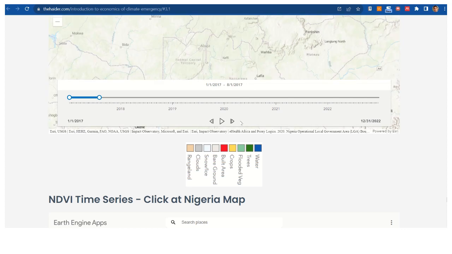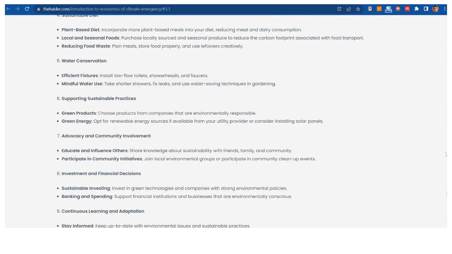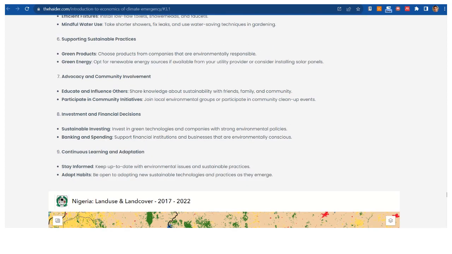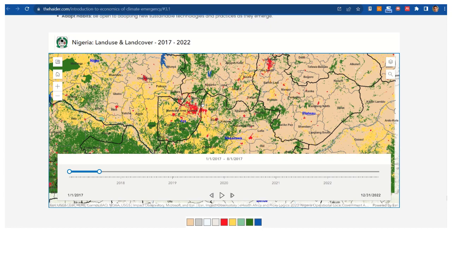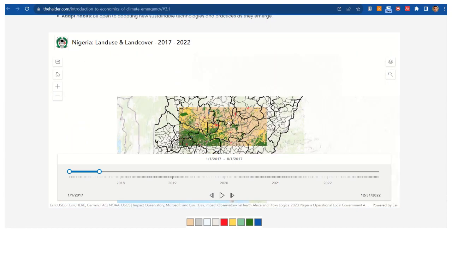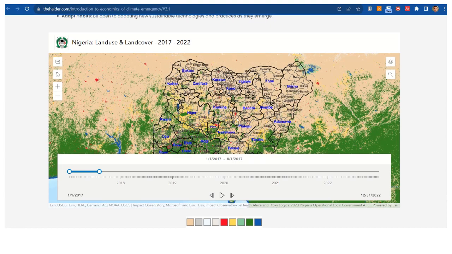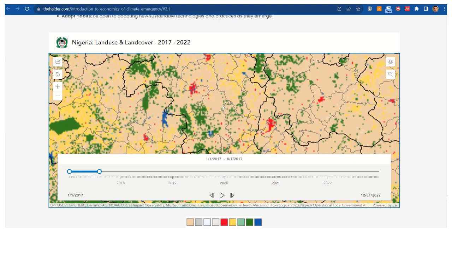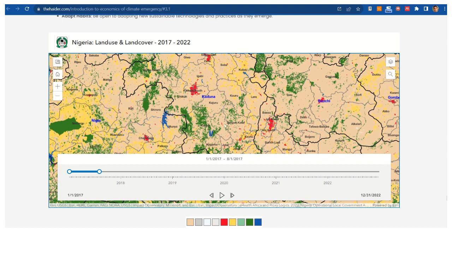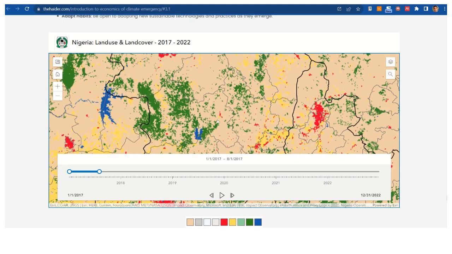Yeah, here this is the land use land cover. Please scroll on your laptop here, then you can see the land use land cover. You can zoom in to the area of interest, like if you are interested in FCT and Kaduna, you can zoom in and look at Kaduna here.